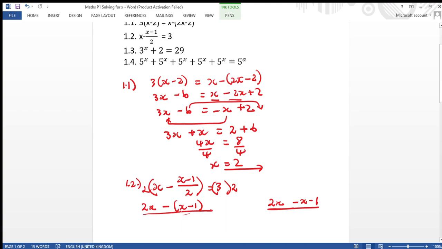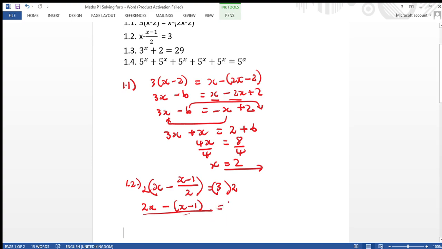This is actually the correct way, and this is the wrong way, because you ought to have put the bracket for it to be correct. So let's just erase this. Just don't fall into this trap. Okay, let's continue.